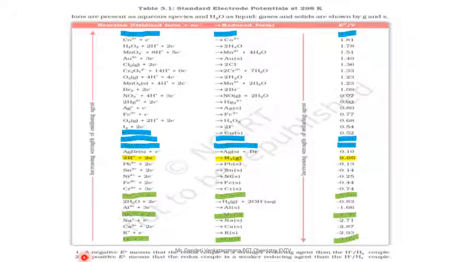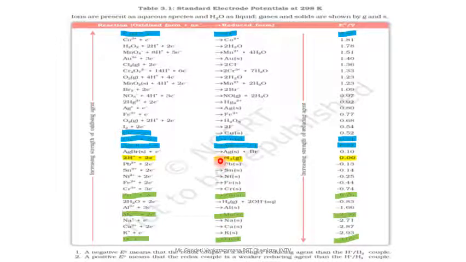Now, come here. A negative E naught means the redox couple is a stronger reducing agent than the H plus H2 couple. Take the last one, lithium plus, E minus and lithium. That means the lithium plus and lithium couple is a very strong reducing agent when compared to the hydrogen couple.